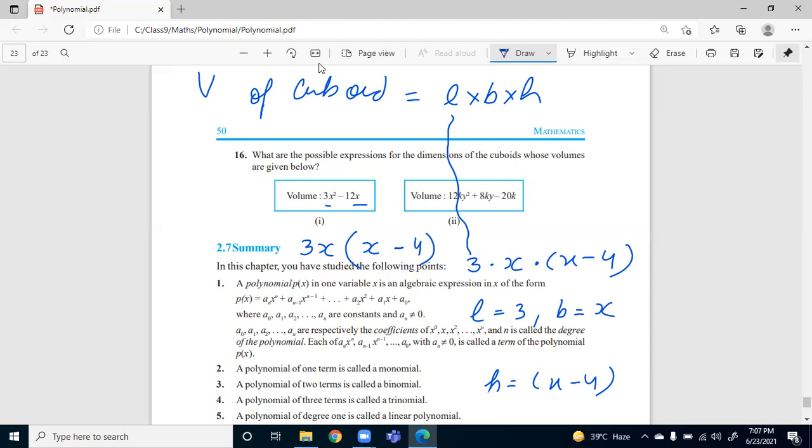So if you just put it properly like 3 into x into x minus 4, and compare it with the volume of a cuboid, which is length into breadth into height, you will get to know that length is equal to 3, breadth is equal to x, and height is equal to x minus 4.